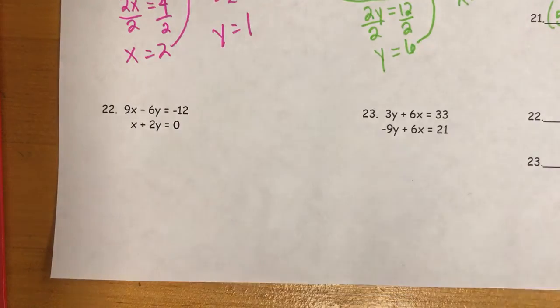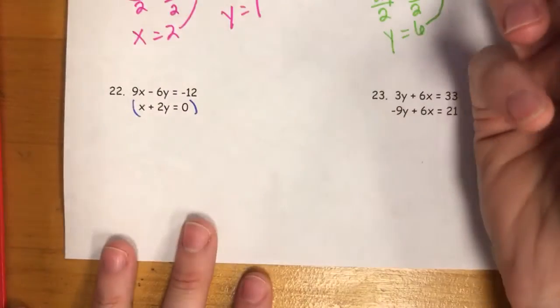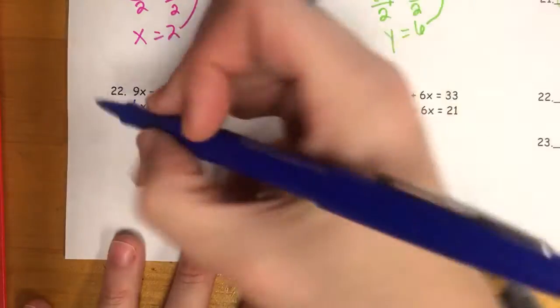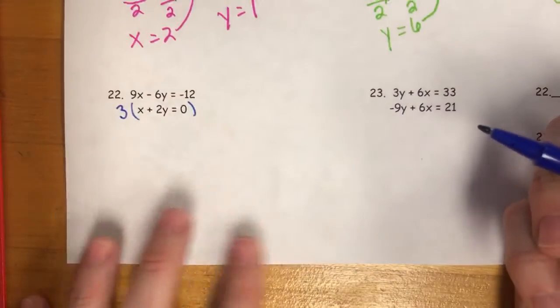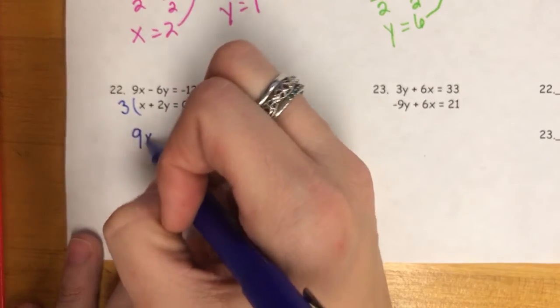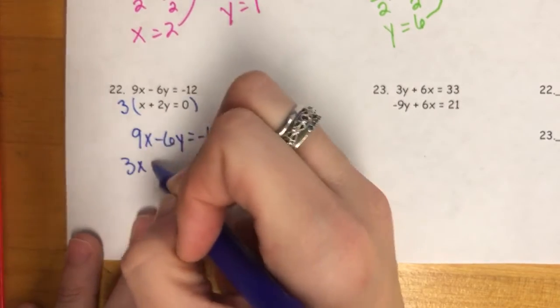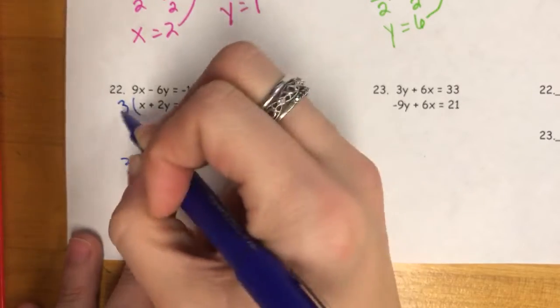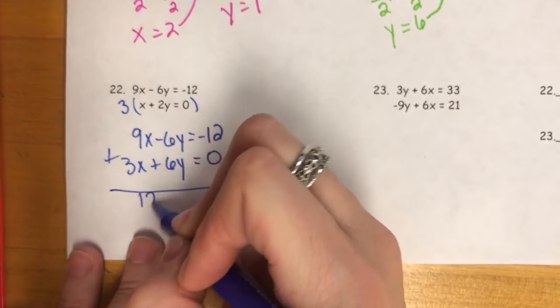Number 22, we're going to need to multiply here some things. So let's see, I'm going to multiply this bottom equation by 3, and then I can get rid of the y's. Those signs are already the opposite, so I'm going to leave the top equation the same. That 3 is getting multiplied all the way through, but 3 times 0 is just 0.